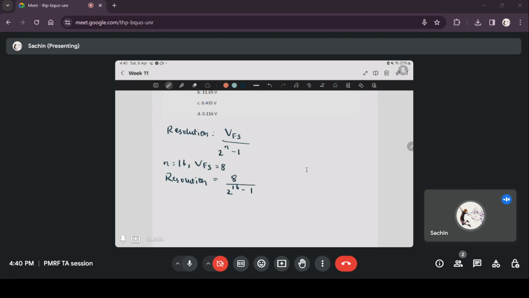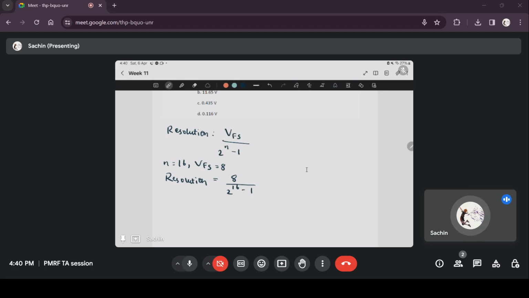And each of those must give a different voltage value within 0 to 8 volts.